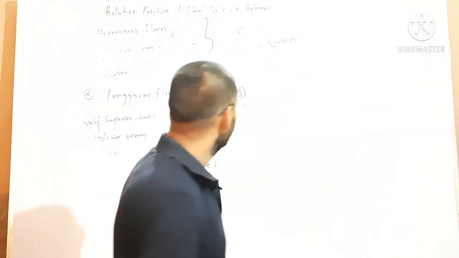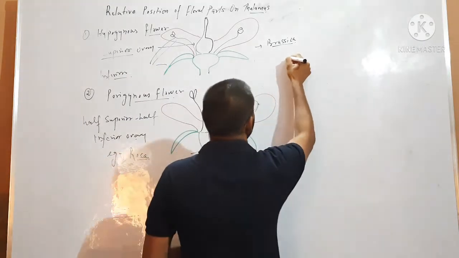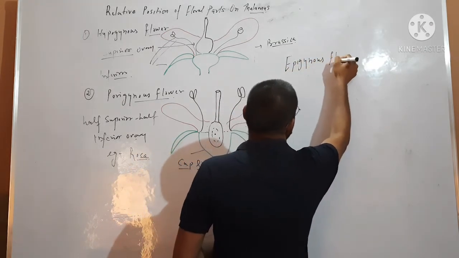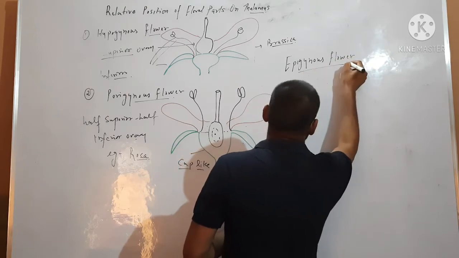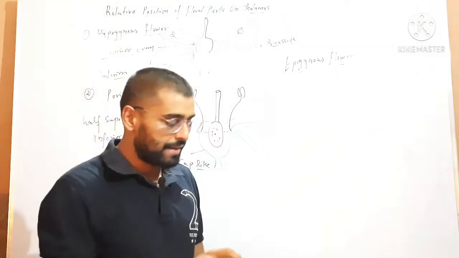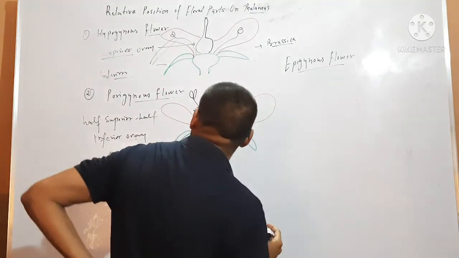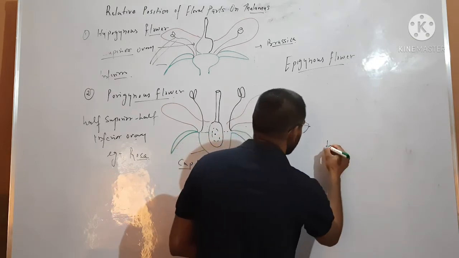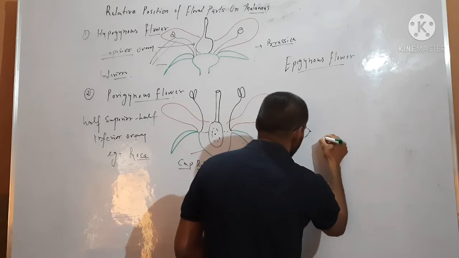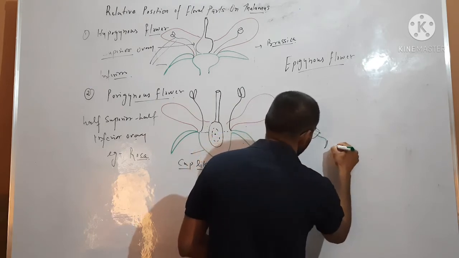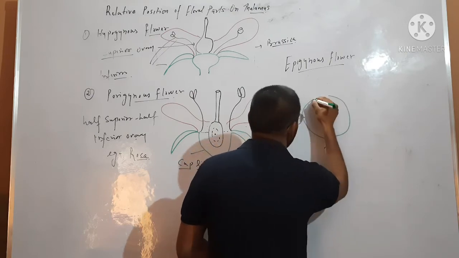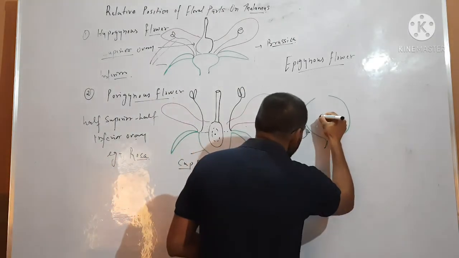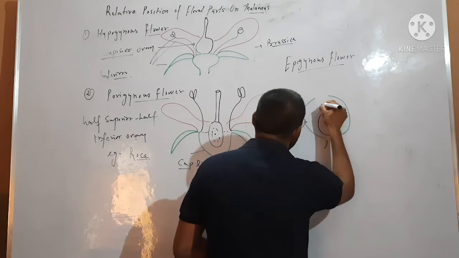And the last one is epigynous. In epigynous flower, the thalamus, like perigynous flower, becomes cup-like, and the ovary is present at the base of this cup-like thalamus.